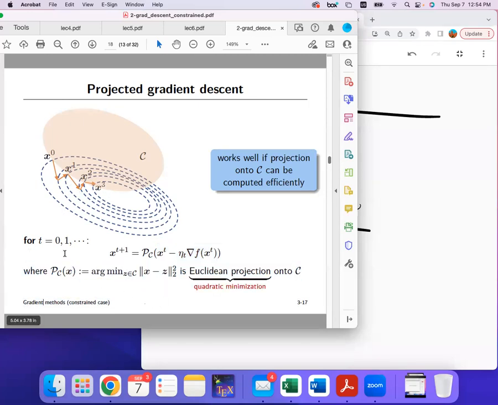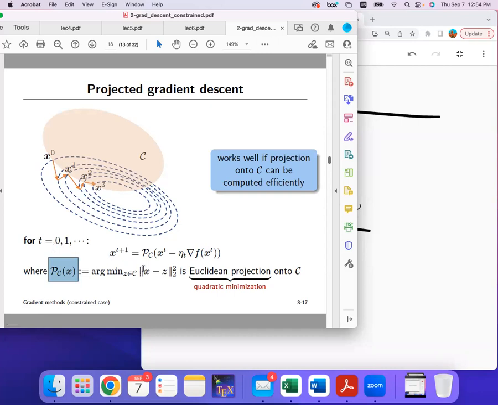And mathematically, this projection operator is defined as follows. For every point x, the projection onto a convex set C is defined as the following optimization problem.